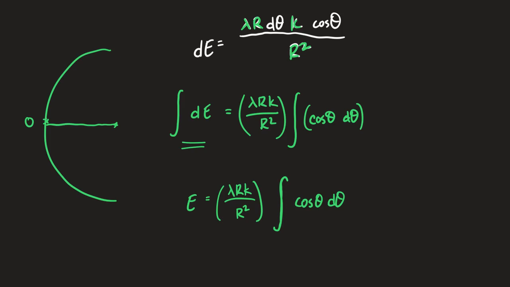And I want to add up every piece of arc from here all the way to here. So I tell the integral to start at 0 and go to pi over 2. Pi over 2 is 90 degrees. And then, because there's two sides, I'm going to double it.